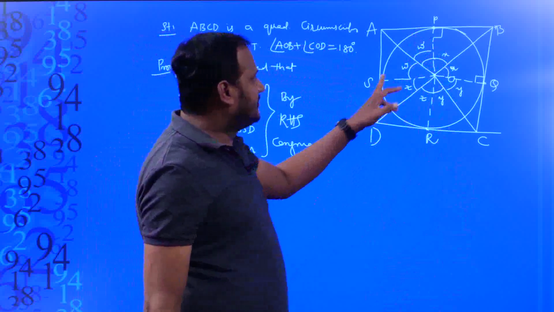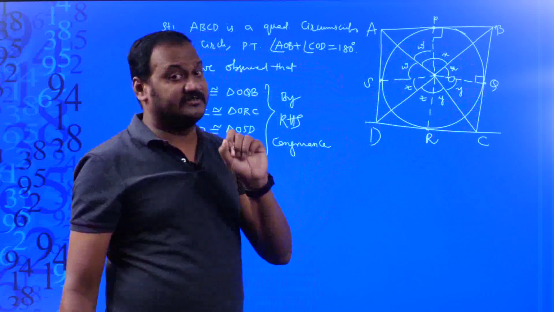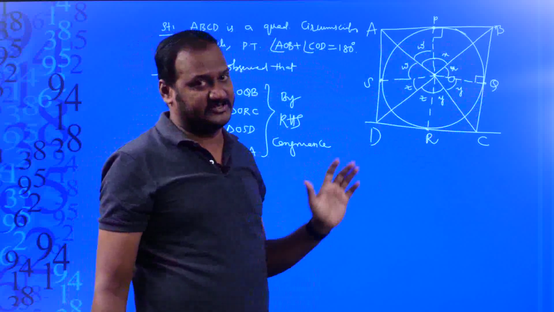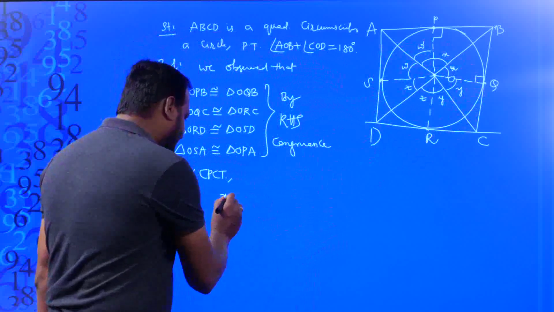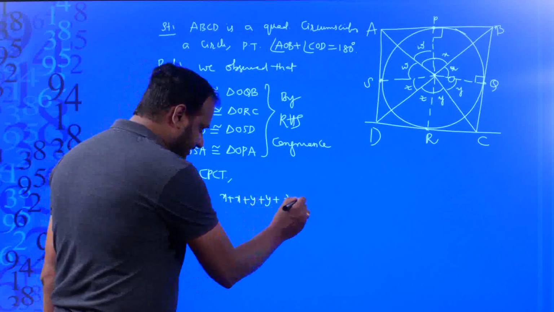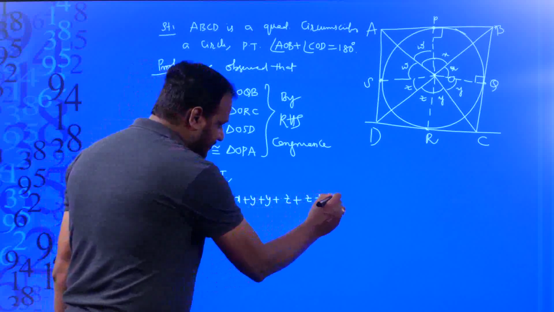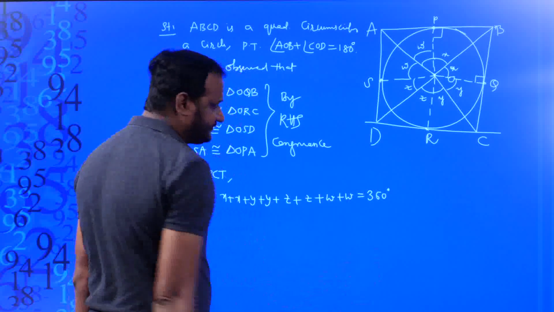So, once you observe, all these angles at a point O add up to 360 degrees, as you are all aware. So, we can say that x plus x plus y plus y plus z plus z plus w plus w is equal to 360 degrees.